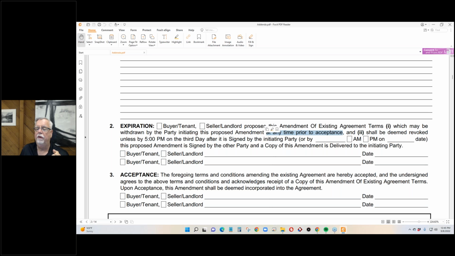So if you change your mind and you say, no, 10,000 isn't enough, we want more, we take it back. And then it goes on to say that this shall be deemed revoked unless by 5:00 p.m. on the third day or by, and you can write in, just like in a purchase agreement, a shorter time period for the other side to read your amendment and agree to it.